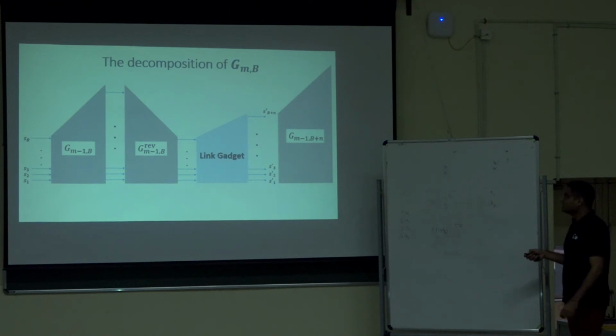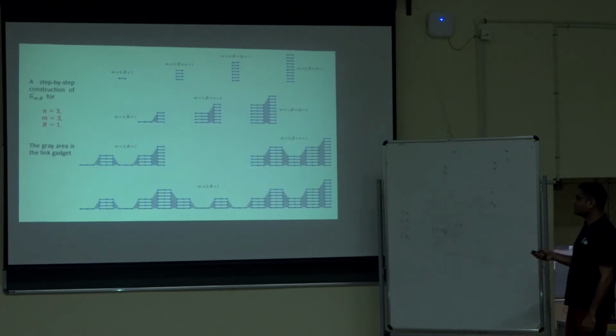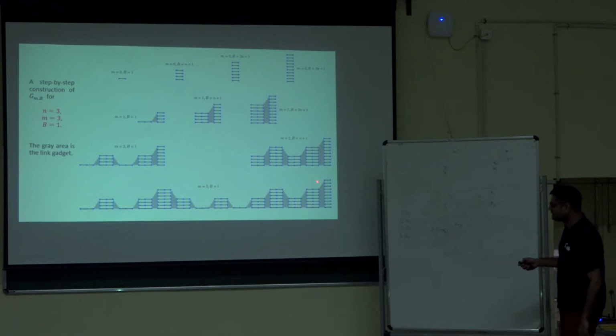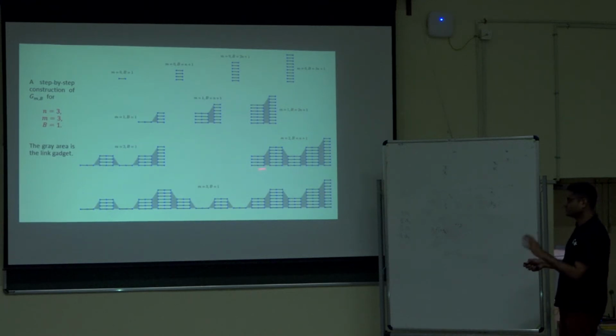Okay. So what exactly is happening here? So this is the final graph that we desire. It looks complicated, but it's actually quite simple. All these graphs are at level 0. At level 0, you just have these straight edges. So this is your graph for 1 input vertex, 4 input vertices, 7 input vertices, 10 input vertices. At the next level, you take this graph and you reverse it.